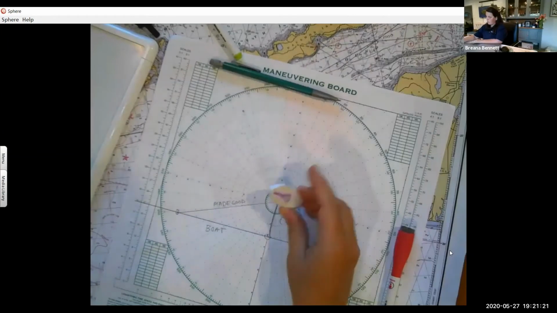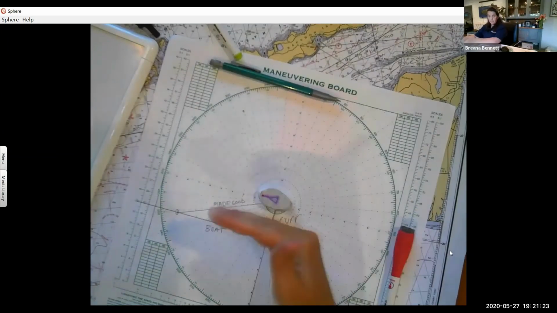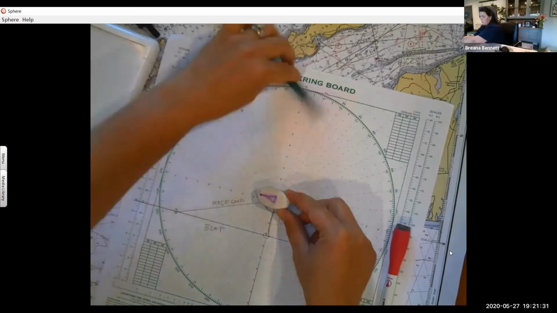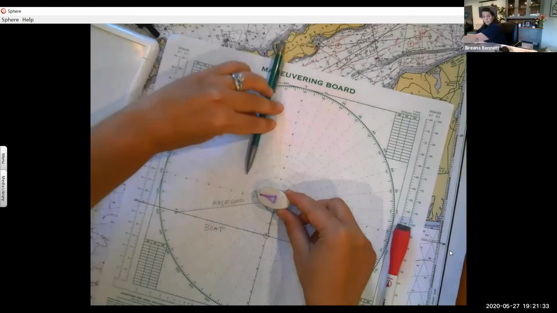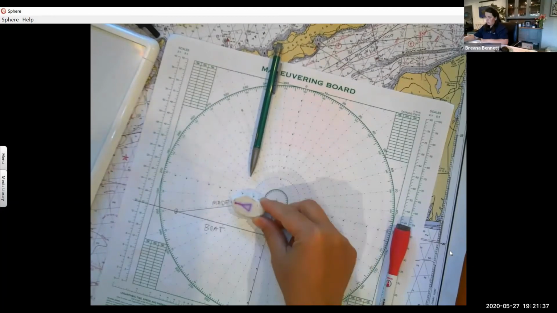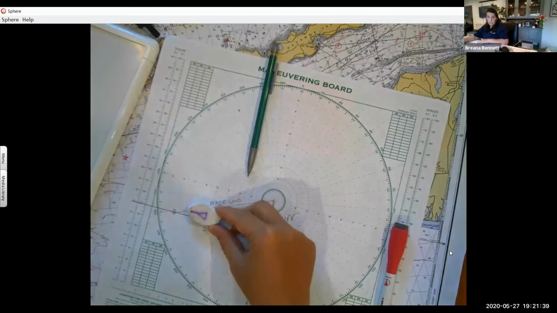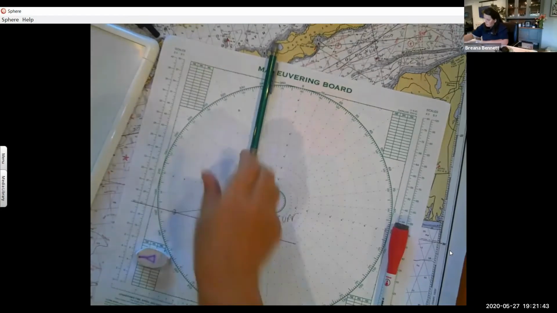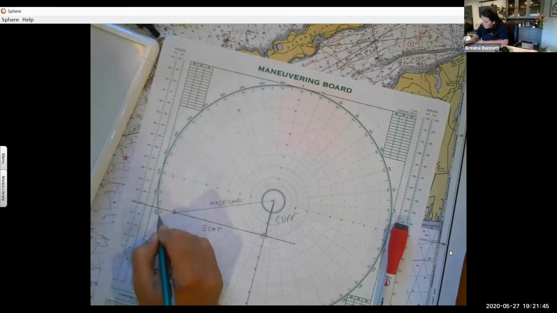So as you were here and you were heading 270, directly west, but the current is pushing you to the south, so you crab over following our made good line of, what are we going to call that?